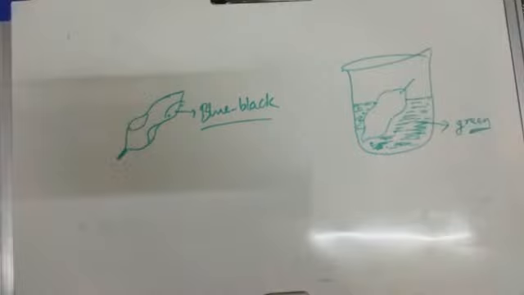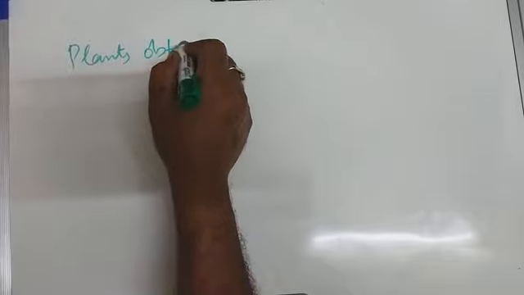Next, how does a plant obtain carbon dioxide? I have already discussed that plants obtain CO2 through their stomata.